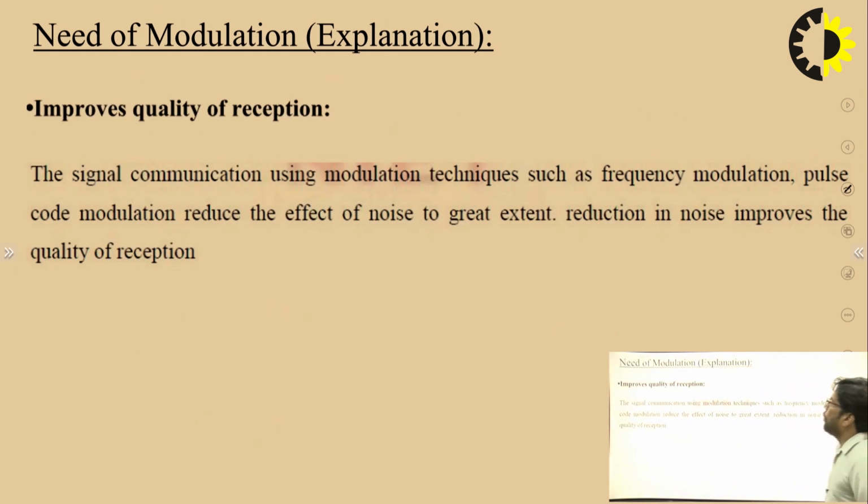It also improves the quality of reception. Signal communication using modulation techniques such as frequency modulation and pulse code modulation reduces the effect of noise to a great extent. Reduction in the noise improves the quality of reception.